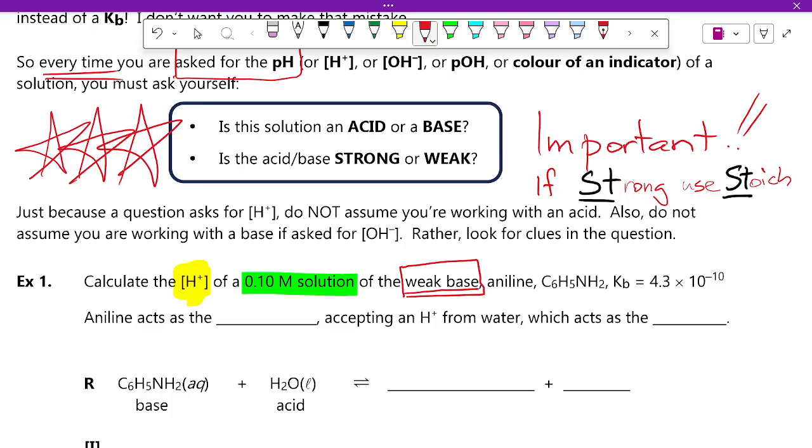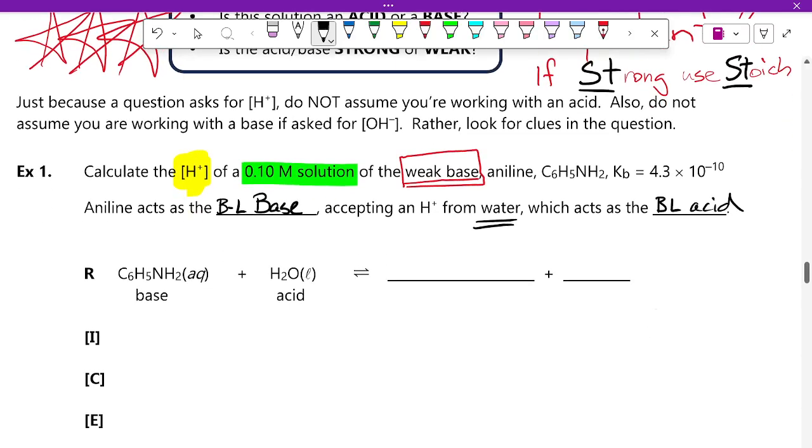That means aniline is going to act as the Bronsted-Lowry base. It will accept a hydrogen from water, which acts as the Bronsted-Lowry acid. Please predict the products. And because it is weak, we're going to use rice, and because it is a base, we're going to use Kb.